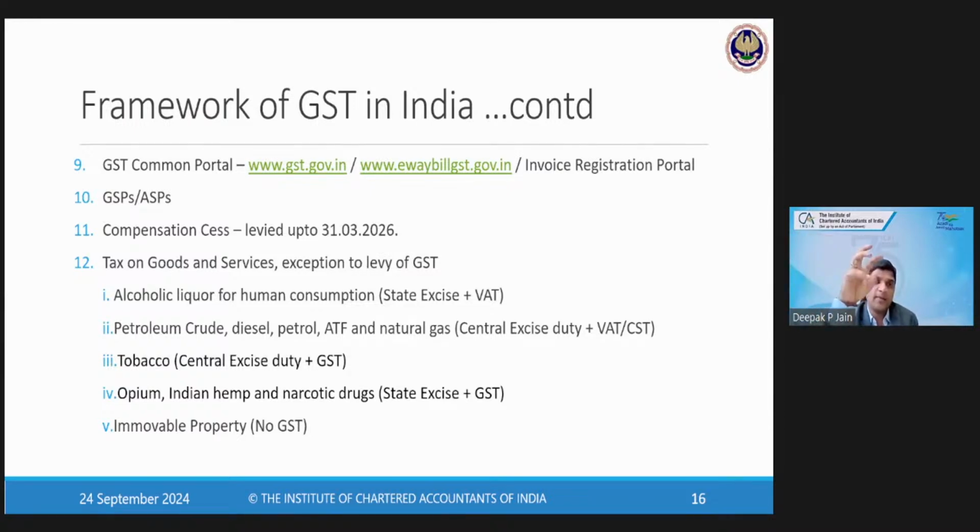All of this will happen on one common portal, which is called gst.gov.in. But under VAT, earlier, each state government used to have different portals. Under GST, they have consolidated and made only one portal, gst.gov.in.